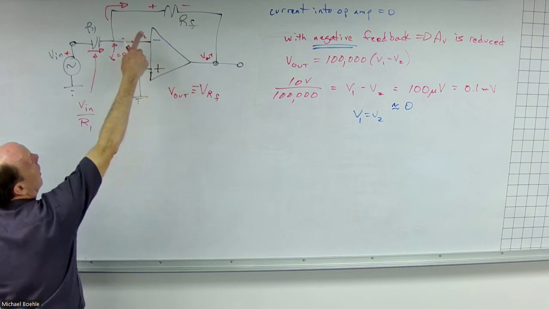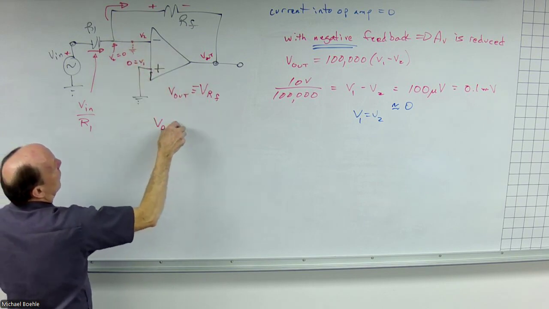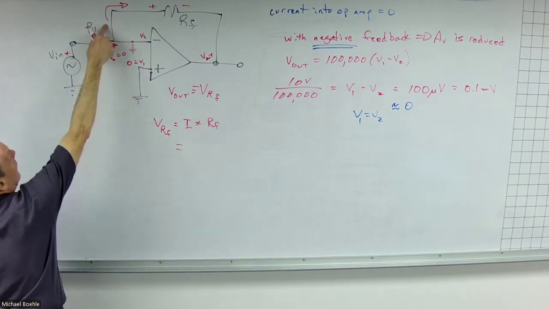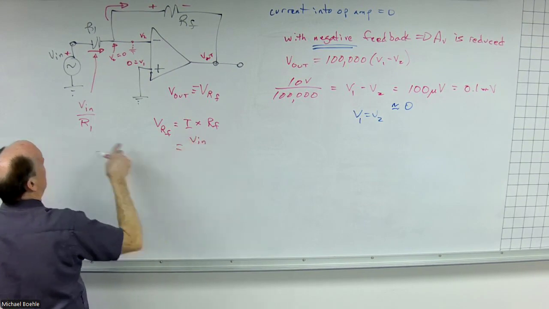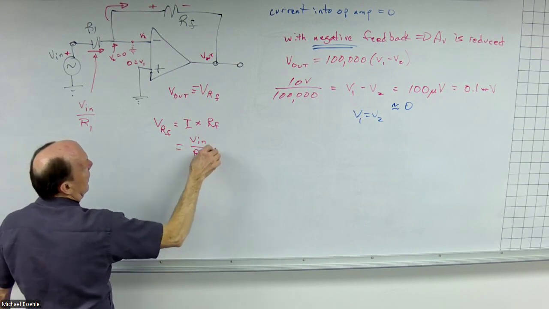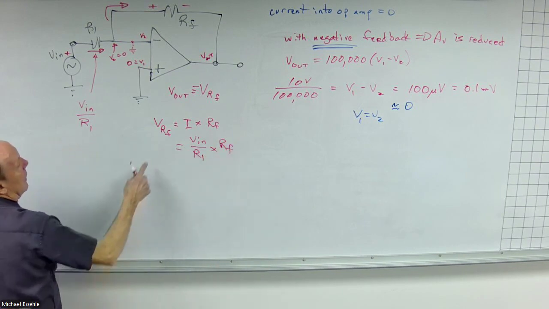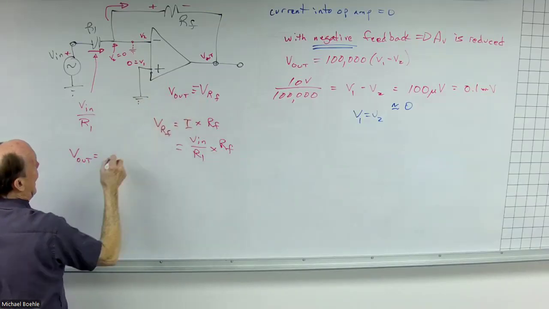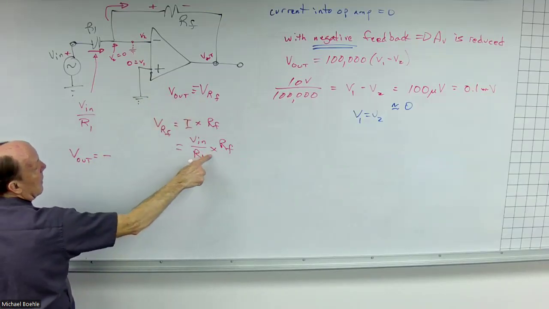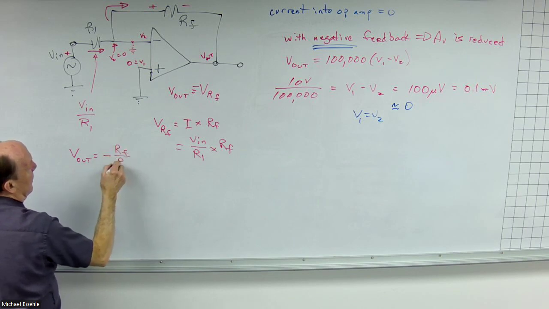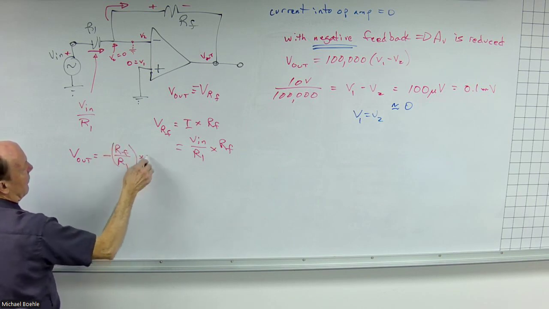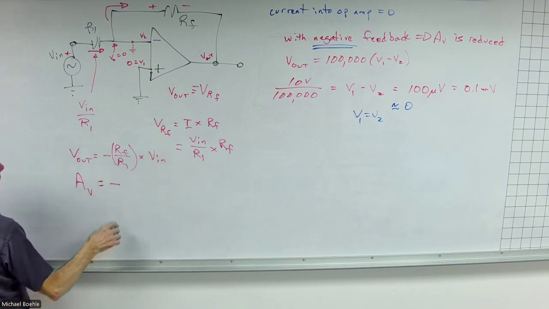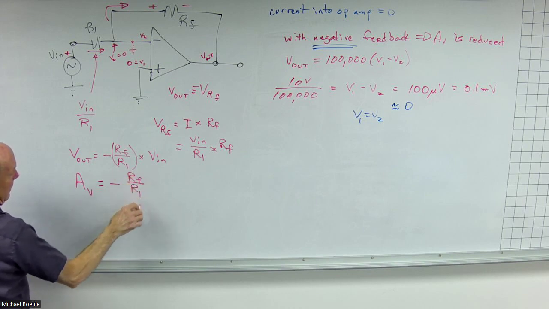Well, the voltage across a resistor will simply be equal to current times that resistance. That current is Vn divided by R1, times the feedback resistor. So that means the output voltage of this circuit will be equal to negative RF over R1 times Vn, or the voltage gain of the circuit will be negative RF divided by R1.